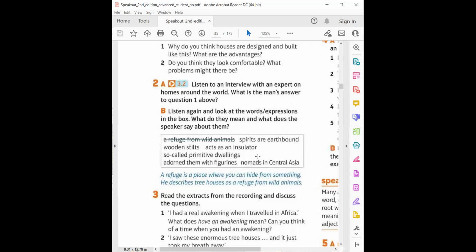Something to isolate, from the verb isolate. The noun is isolation. The verb is to isolate something. Okay. So-called primitive dwellings, like the primitive houses or the primitive places where they live.